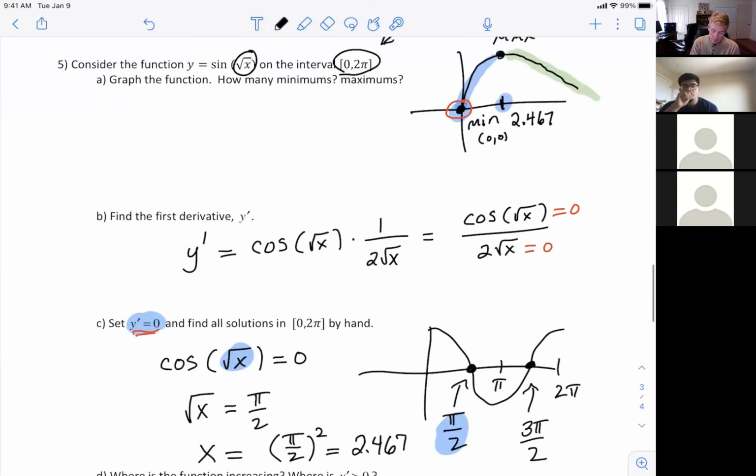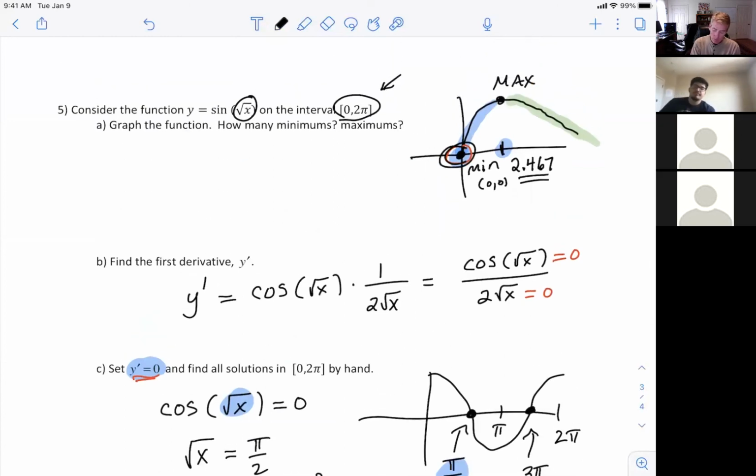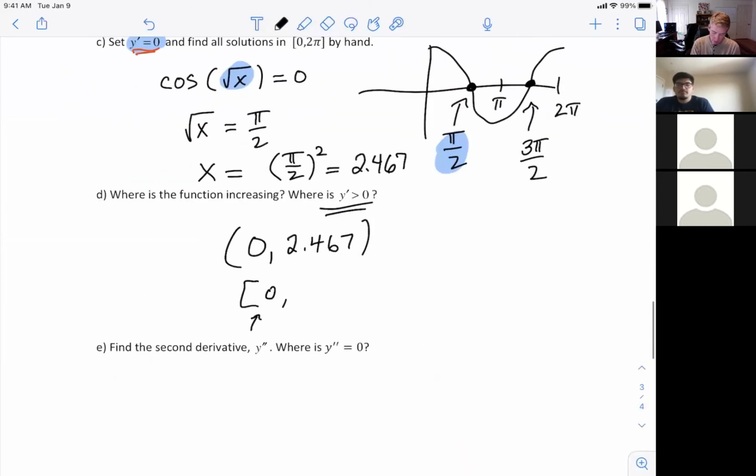But the derivative doesn't even exist because it's not continuous on the left side. And then also at 2.467, that's when it's at the top, and the derivative would equal 0, which is not a positive number. So it's only between those where the derivative is positive. So it's supposed to be the round parentheses.